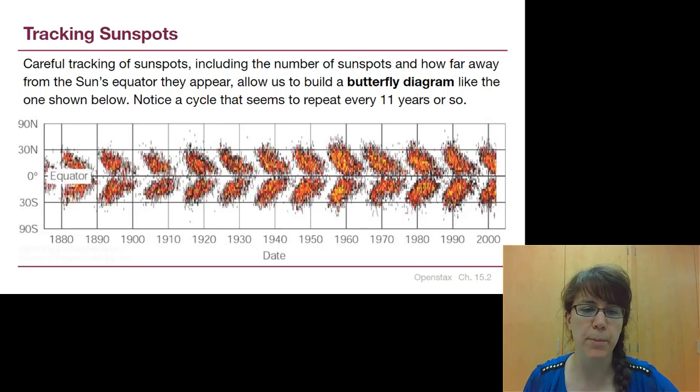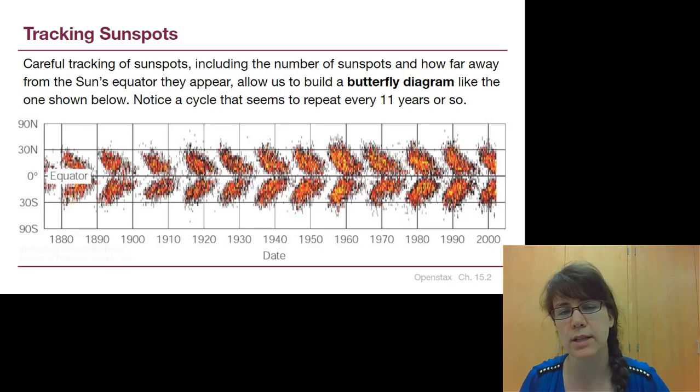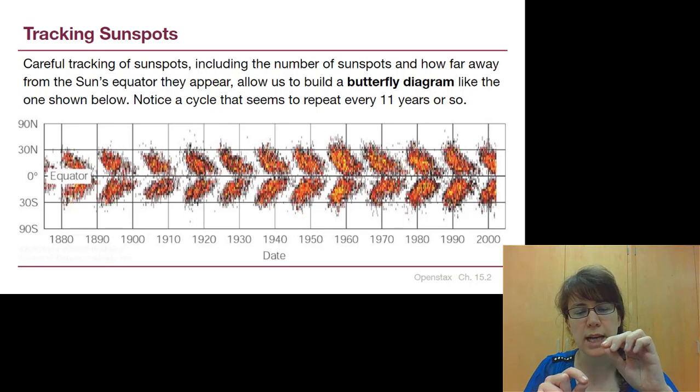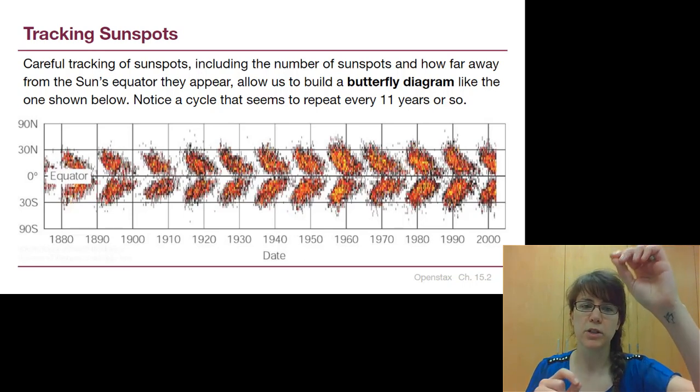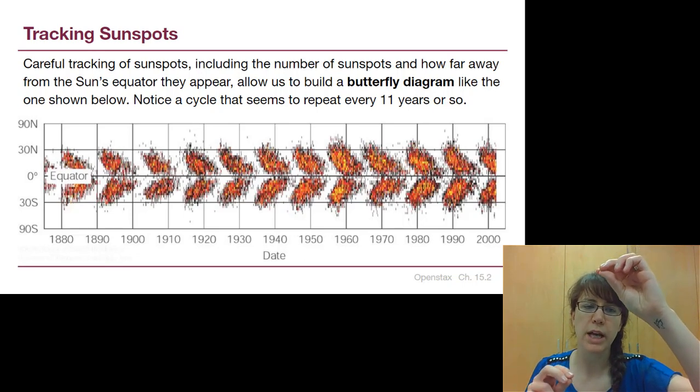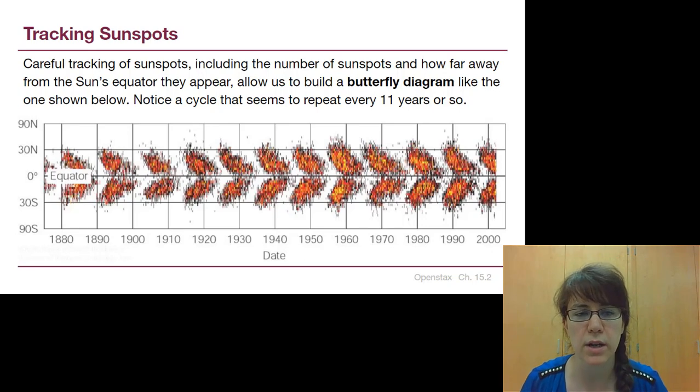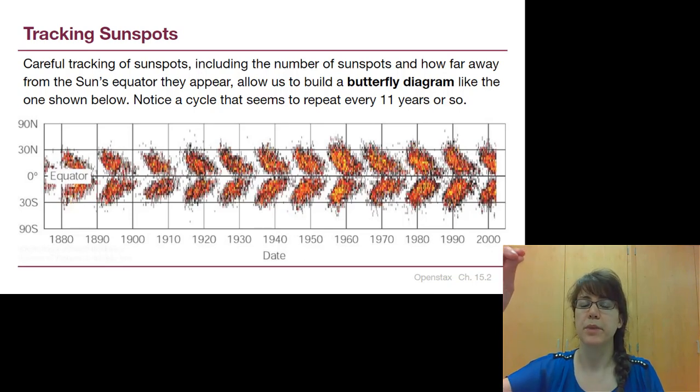So if we look, for example, at the 1900 mark, at the very start of the 1900s, there were a couple of sunspots at the equator, but then all of a sudden things seemed to reset. And sunspots were far away from the equator, and year by year they tended to migrate towards the equator until 1912, 1913, when it seemed to reset again.